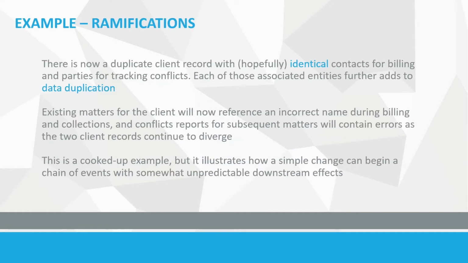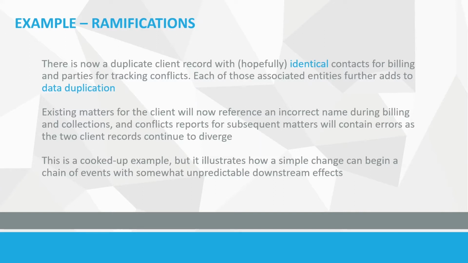This is really a problem because now you have duplicative client records in your expert system. You have one that's ABC Corporation, you have another that's XYZ Corporation, and behind the scenes, these client records have identical contacts, identical billing information and parties. So now you have 2 copies of a client record that are ultimately going to be maintained at different paces.